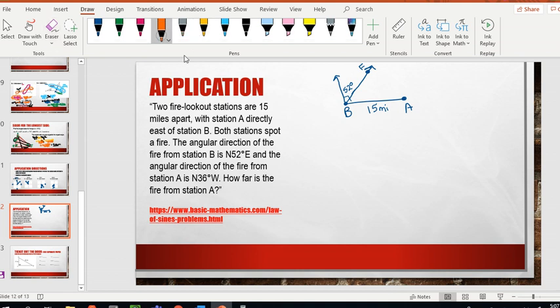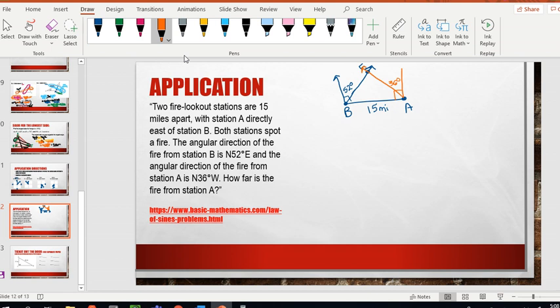All right, so the next thing it says is that the angle direction from the fire from station A is north 36 degrees west. So it's something along these lines, where this is 36 degrees west. Now, both of these make right angles.